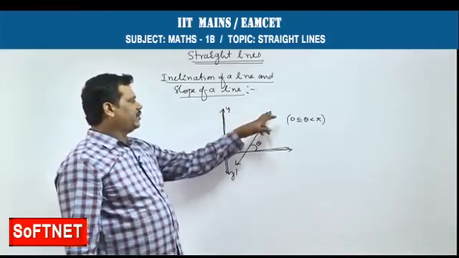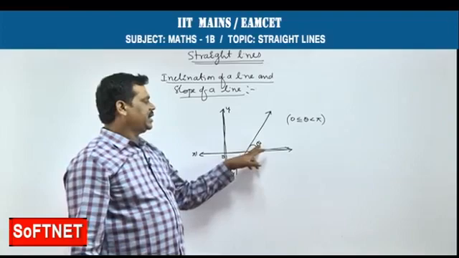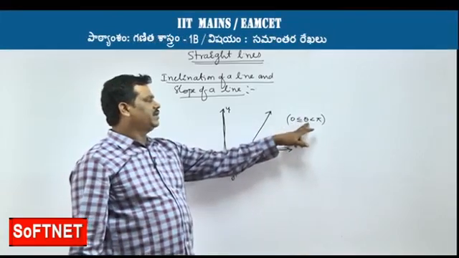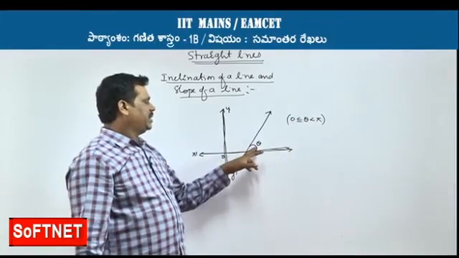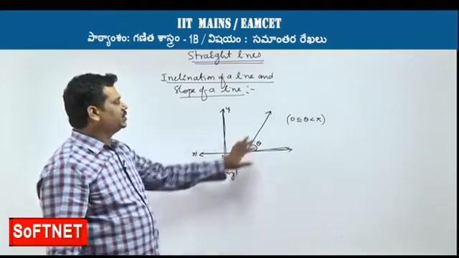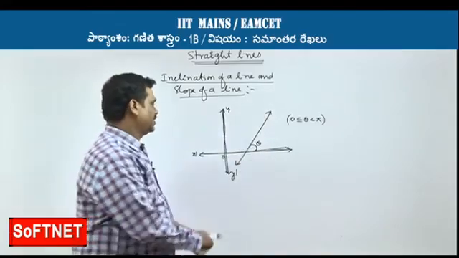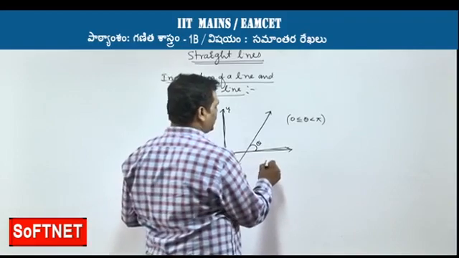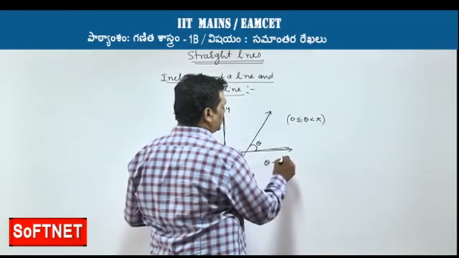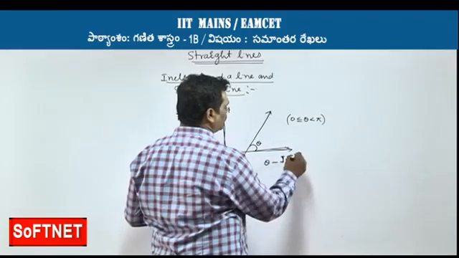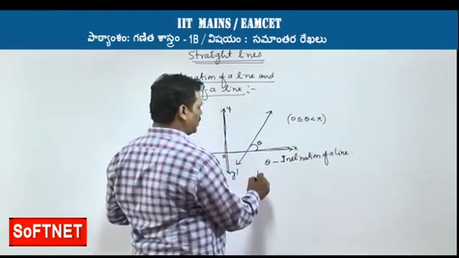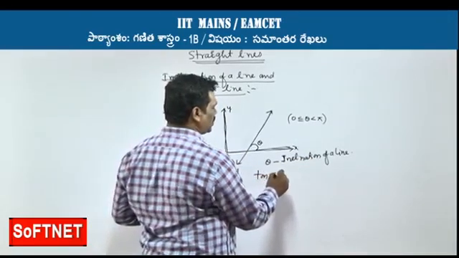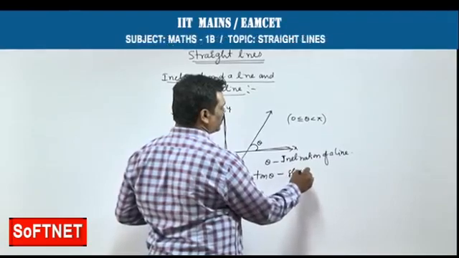If a non-vertical line makes an angle theta, here theta lies between 0 to pi, with the positive direction of the x axis, then theta is called inclination of a line, and tan theta is called slope of a line.